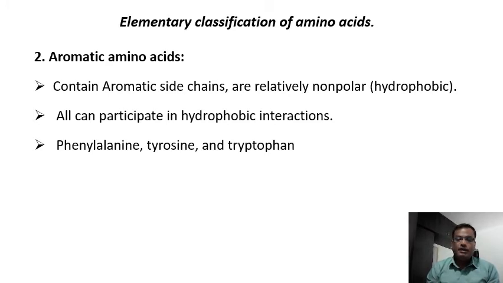Now these hydrophobic and hydrophilic interactions play a very important role in the properties of proteins. Examples for aromatic amino acids are phenylalanine, tyrosine, and tryptophan. Now remember this tryptophan. Okay, so in some of the chapters we are going to discuss tryptophan because from this many compounds are produced. It is an aromatic amino acid.